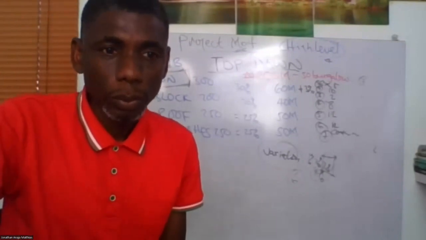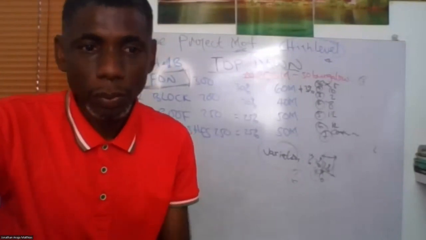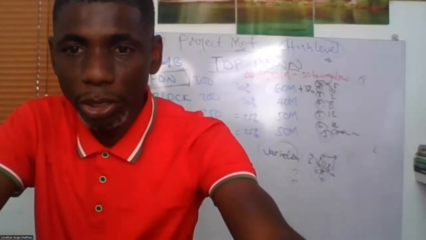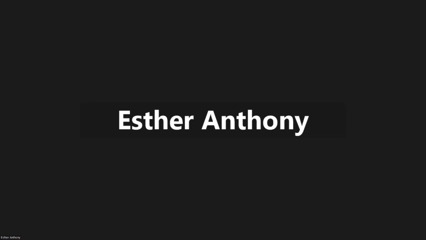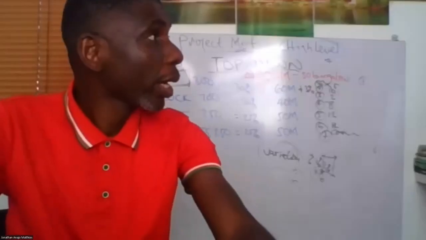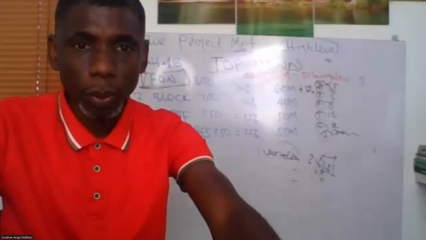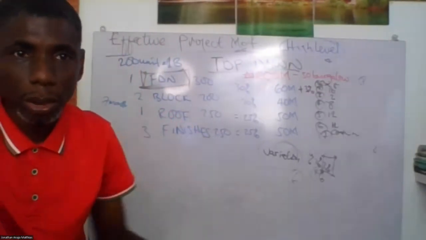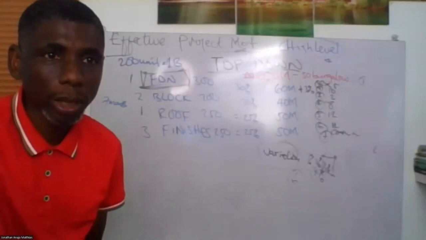The letters on the board are not too clear. A lot of reflections on the board. Okay, a lot of reflections on the board. Okay, just let me see if I can. That's fine.